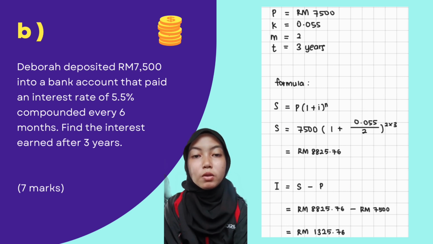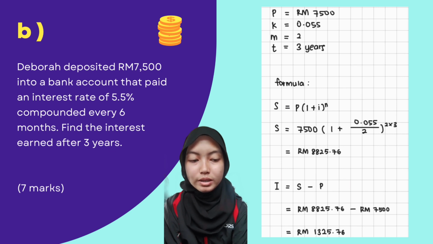M is the number of conversion periods in a year. In this statement, it says compounded every 6 months. 1 year has 12 months. So, 12 divided by 6 equals 2. So, M is 2. And the time period is 3 years, labeled as T. First, we need to find S. What is S?